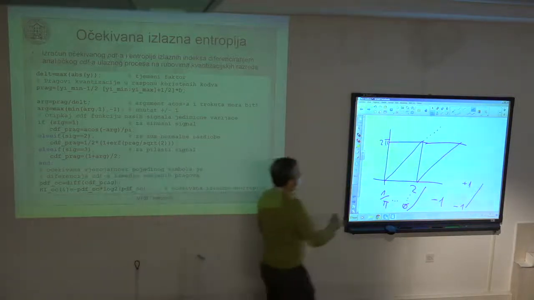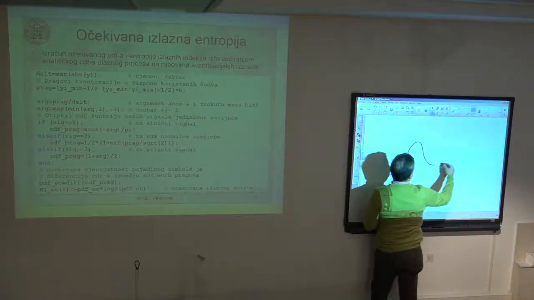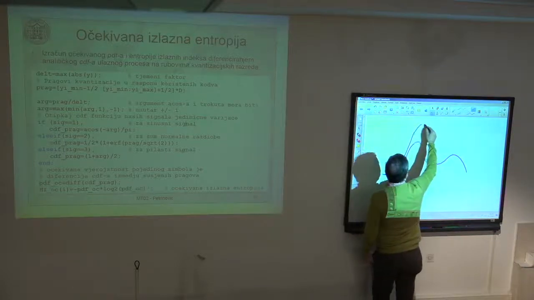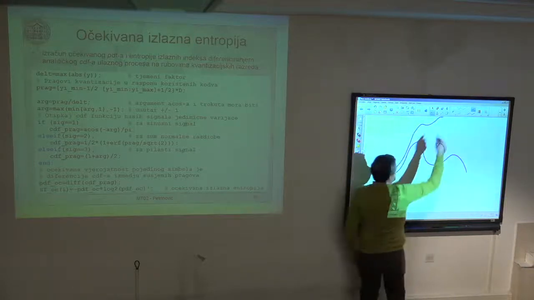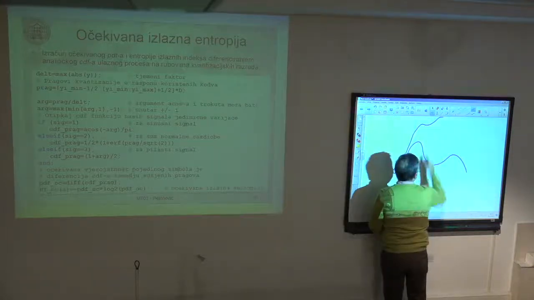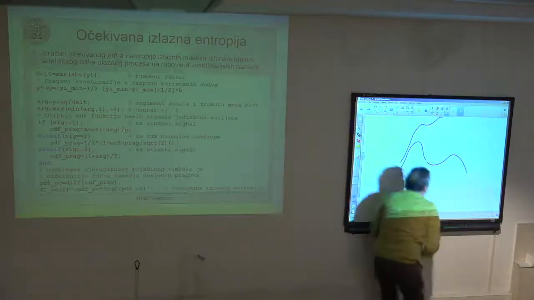As we said before, if I have some PDF, then the CDF is the integral of this. It must be a monotonically rising curve. It cannot go down; it must only go up and up and up.